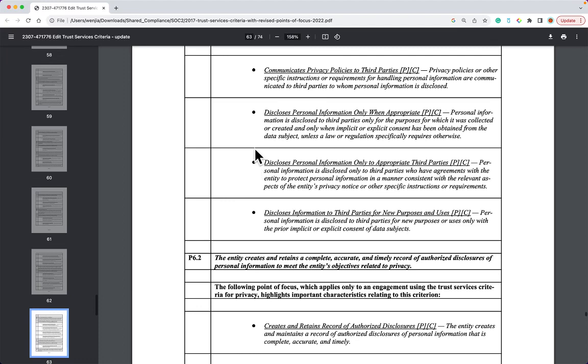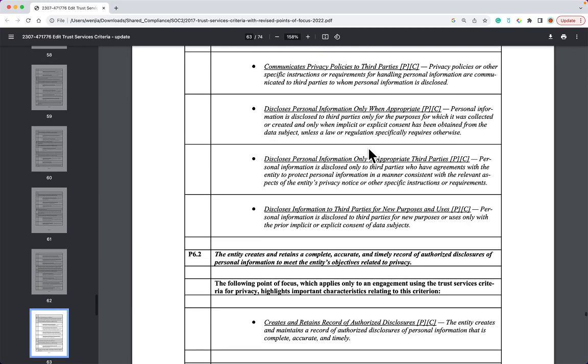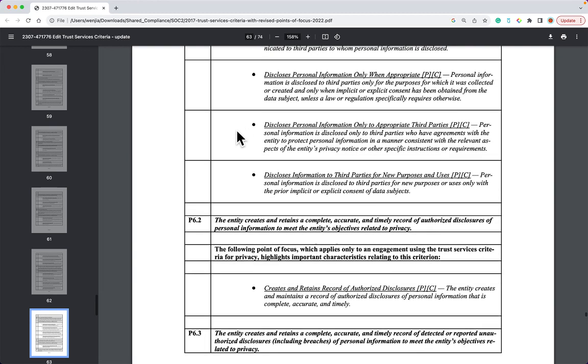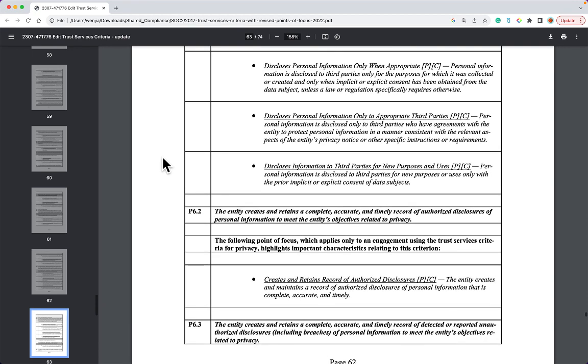And every time you disclose information, you need to check the third party's policy, like if they are going to keep this securely and not use it in inappropriate ways. Unless that, you are not allowed to share, and only with an appropriate third party.